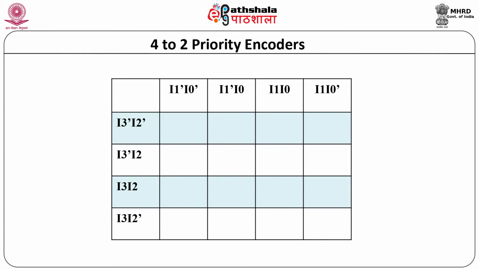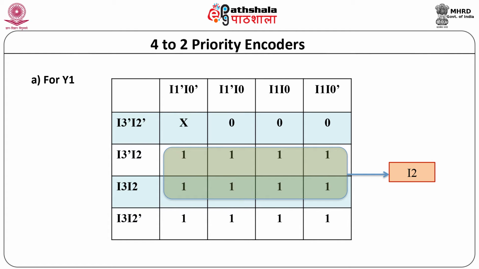I3, I2 provides the rows and I1, I0 forms the columns. Let us first prepare K-map for output Y1. All the output values are placed for each possible input. The logic 1 is mapped for each output for all input conditions. For output Y1, it is possible to group 8 neighboring cells to form the octet.